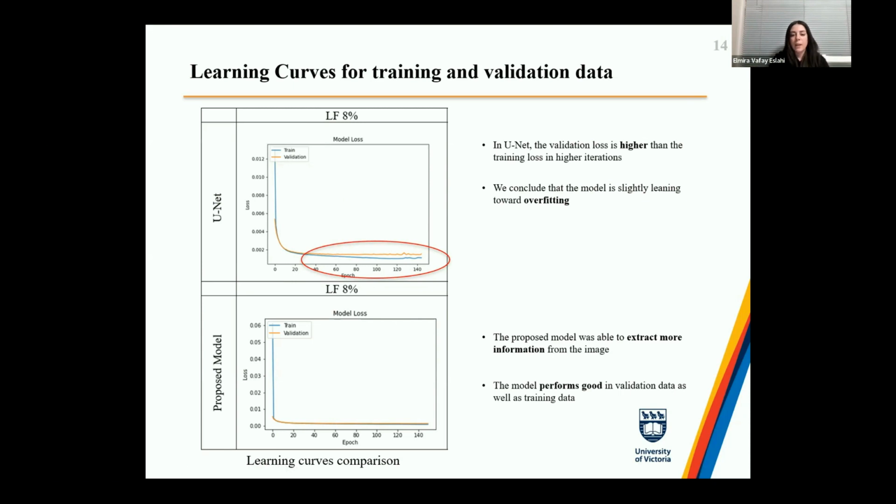But in the proposed model, especially in the higher iterations, because everything is fine in lower iterations, the proposed model was able to extract more information from the image, and the model performs well in validation data as well as training data. So it shows that the reconstructed images have better quality, and the similarity is more with the original image.